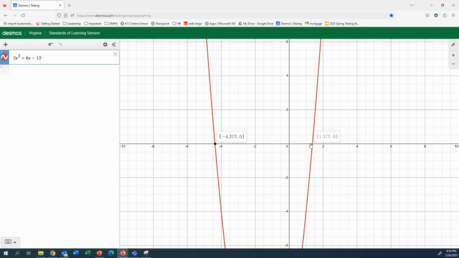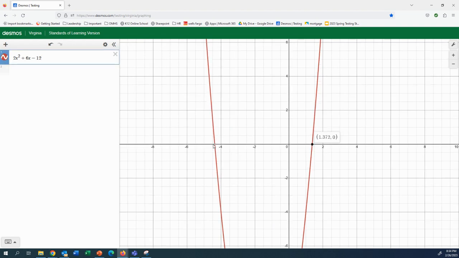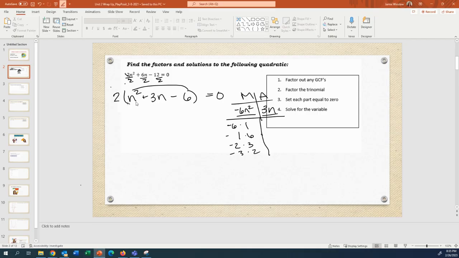All right, so it definitely has some factors. But we haven't yet learned how to factor something of this nature. We will be looking at the quadratic formula soon. So this is really where we have to stop with this one.